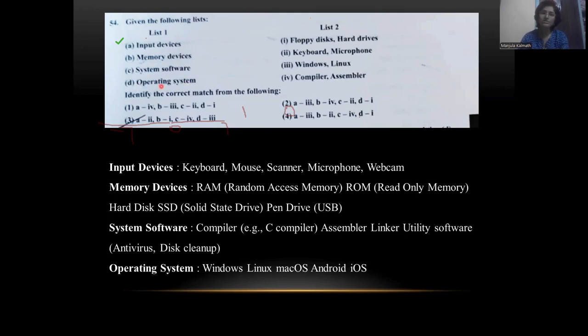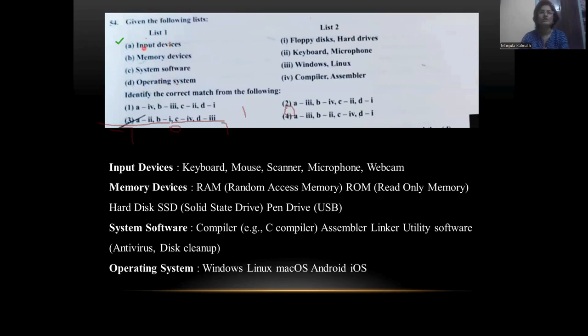And operating system is the collection of all the system software, which will make the entire computer system work. It will make the hardware work in terms of the software guidance. So operating system is a collection of system programs.